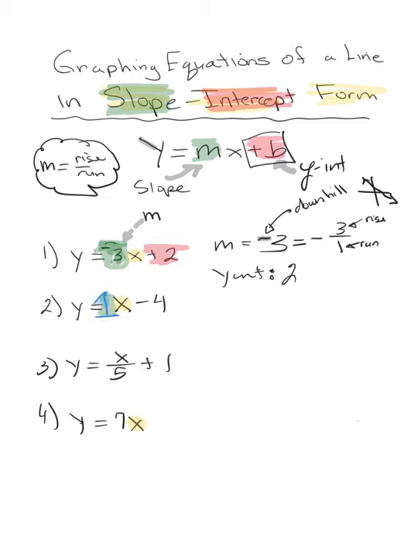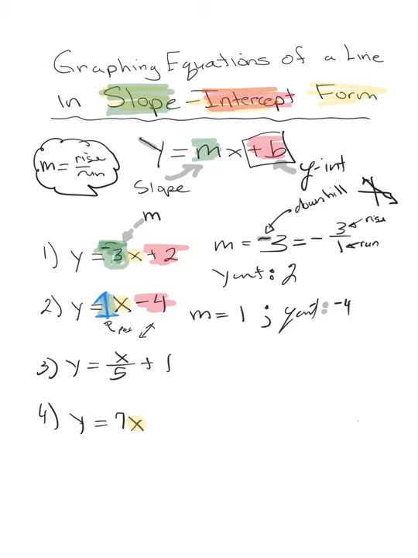So the slope in this problem is 1, a positive slope, so your line should be slanting uphill. And the y-intercept? The b is -4, so it's going to hit the y-axis at -4.